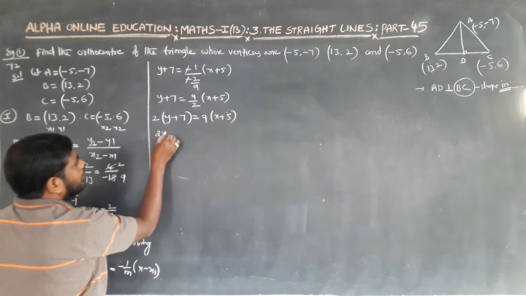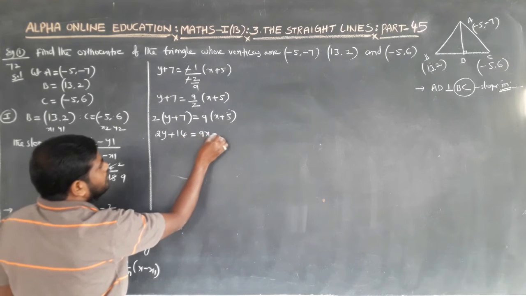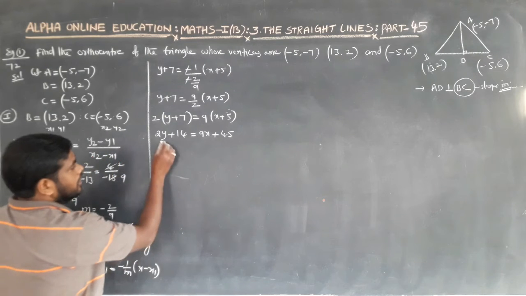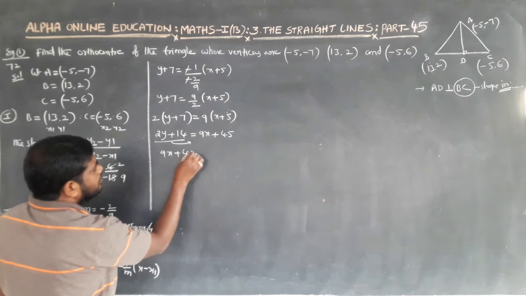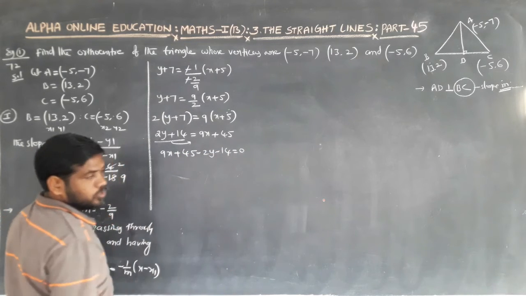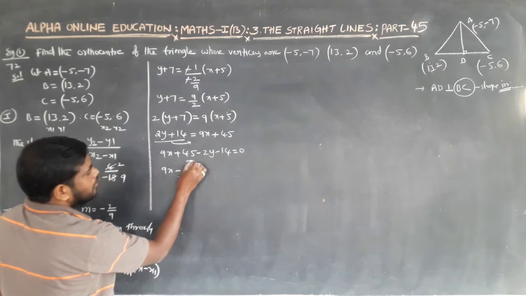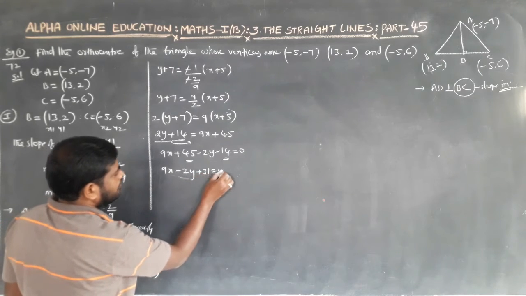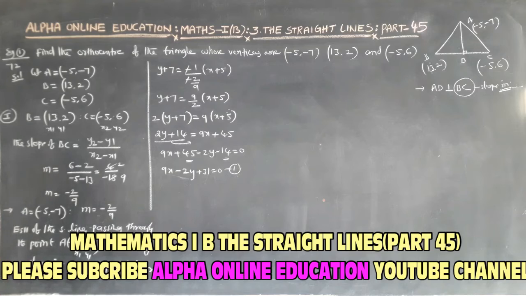That is 2y plus 14 equals 9x plus 45. Taking to the right side, 9x minus 2y plus 45 minus 14 equals 0, which gives 9x minus 2y plus 31 equals 0. This is the equation of AD.